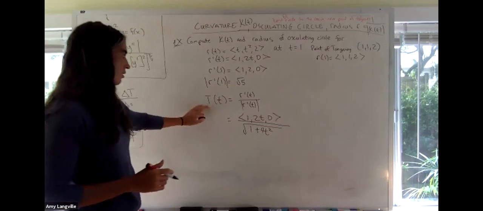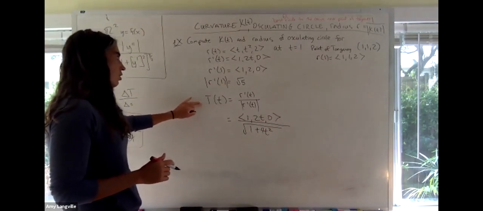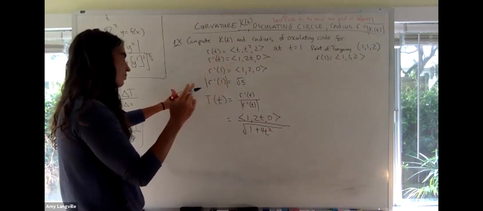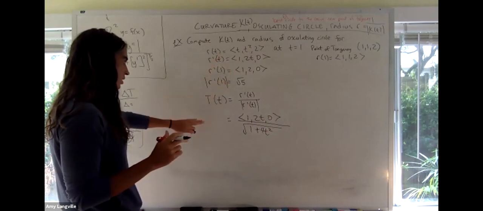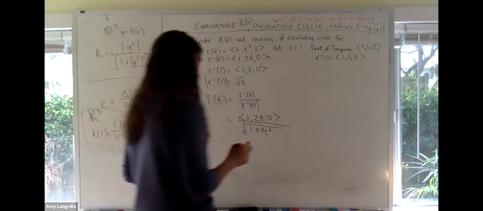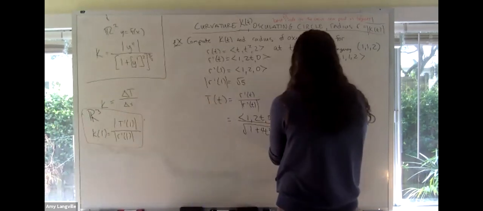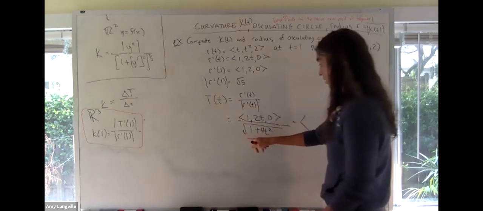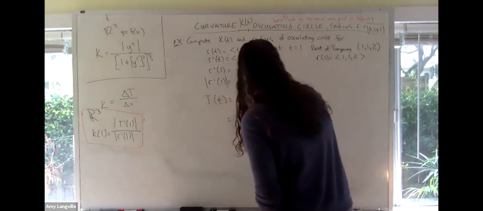Okay, so that is our direction of motion shrunk to have length 1. And now we need to take the derivative of that. So let's maybe clean this up a little bit before we take the derivative and write it this way. The denominator is to the 1/2 power.